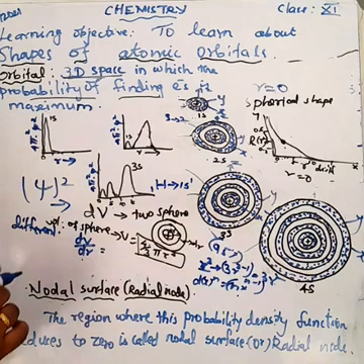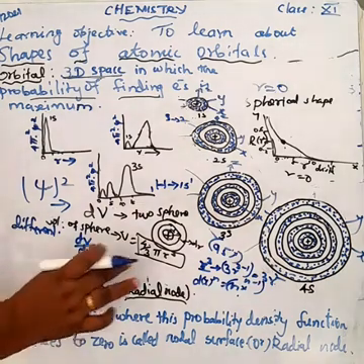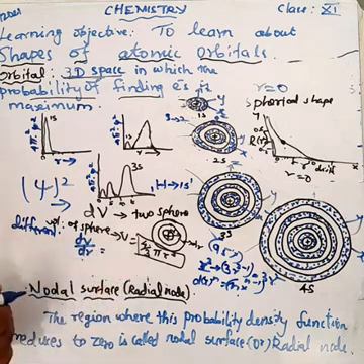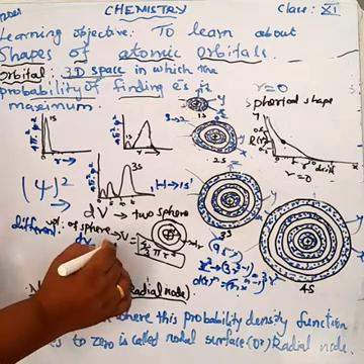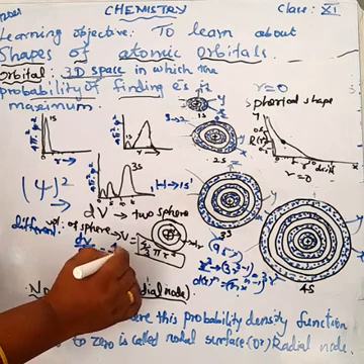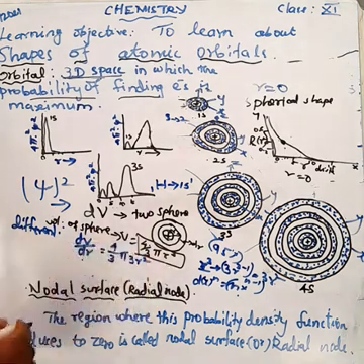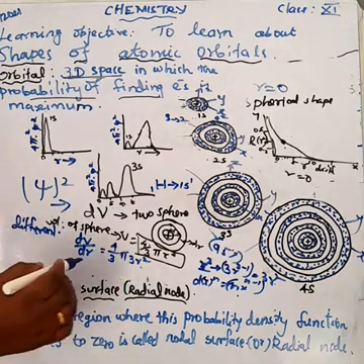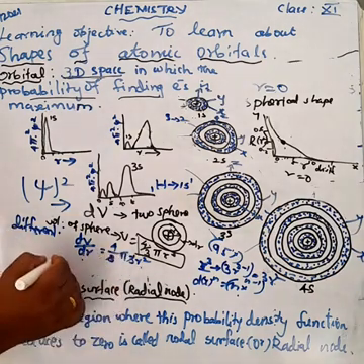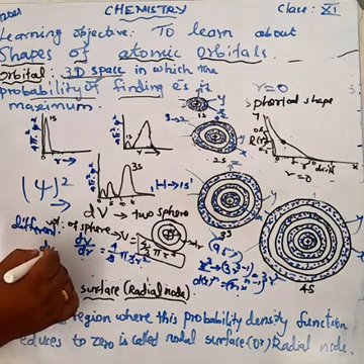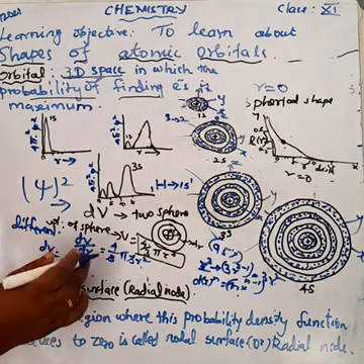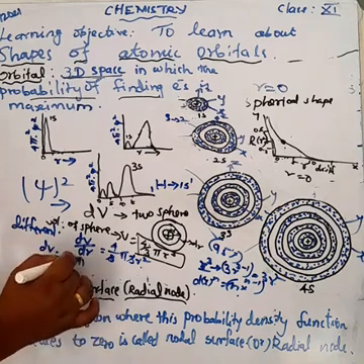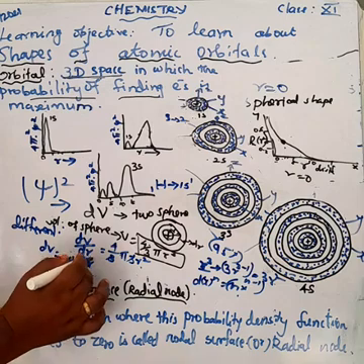Applying this, dV by dr is equal to 4 by 3 pi into 3r square. The 3 and 3 cancel. So finally we get dV is equal to 4 pi r square dr.